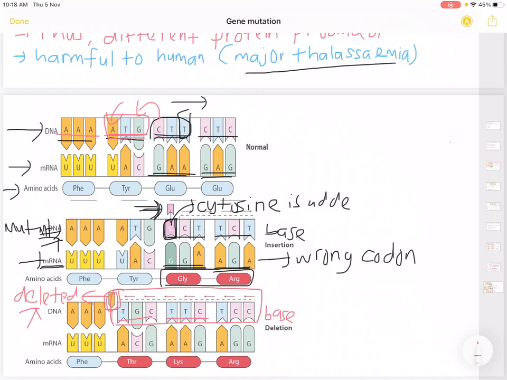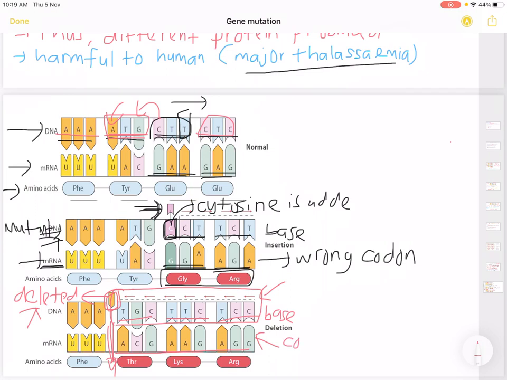Kita baca TTC instead of CTT. And kita baca TCC instead of CTT. Okay, so base deletion and base insertion will cause the entire reading on DNA to change. So it will change the entire reading on mRNA starting from the point of mutation. Starting daripada mutation berlaku sahaja dia akan berubah bacaan.